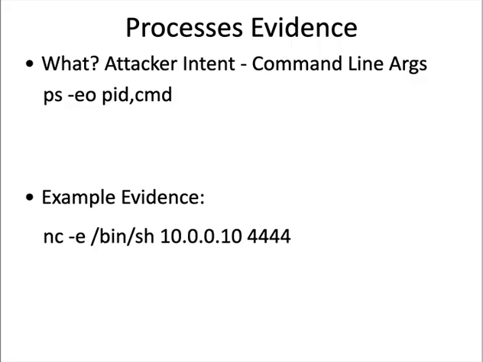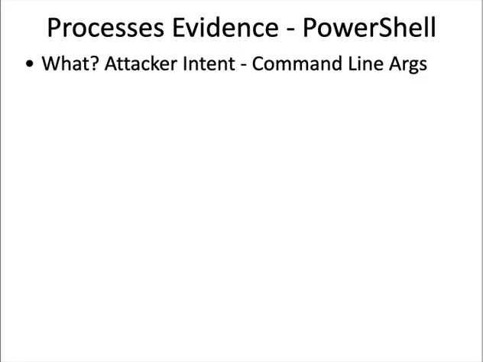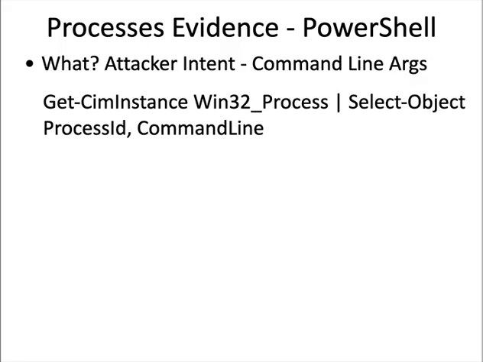So somebody is connecting to a machine on port 4444, which is a little suspicious. In the case of PowerShell, if we want to get the command line arguments, we would need to use this PowerShell command to get those.